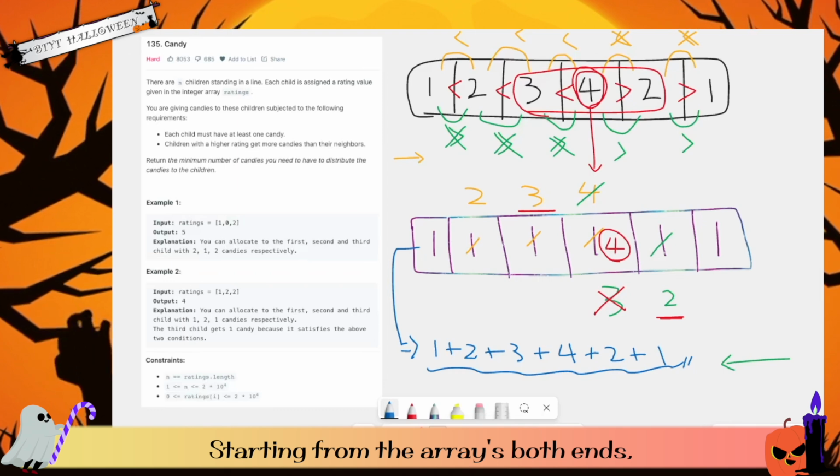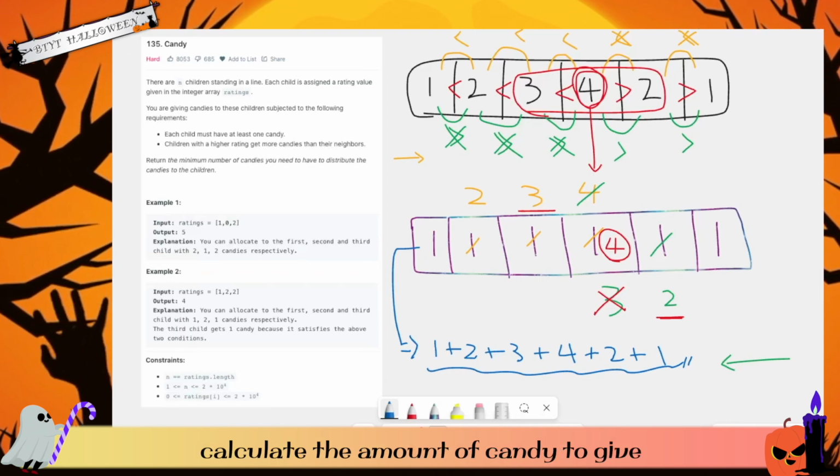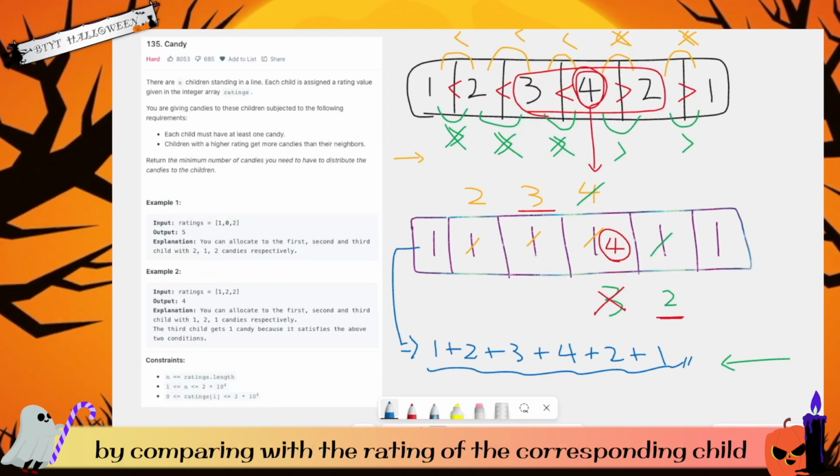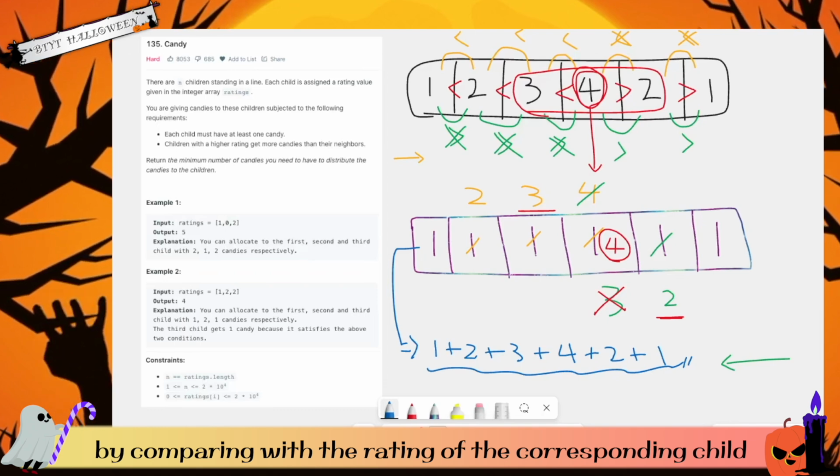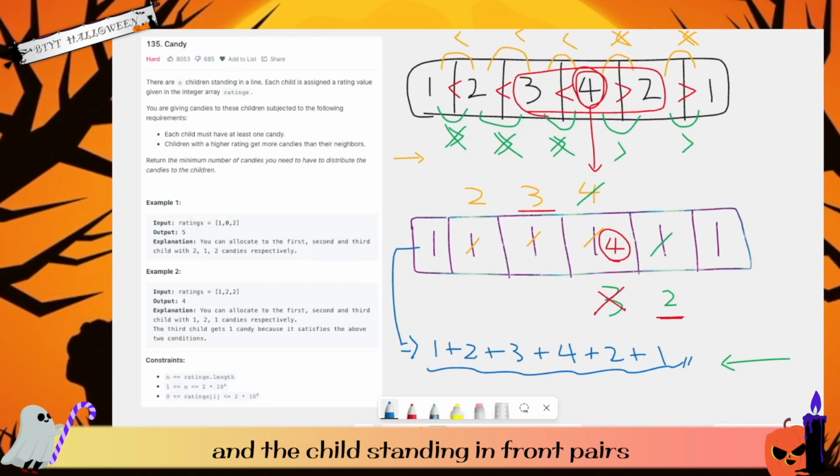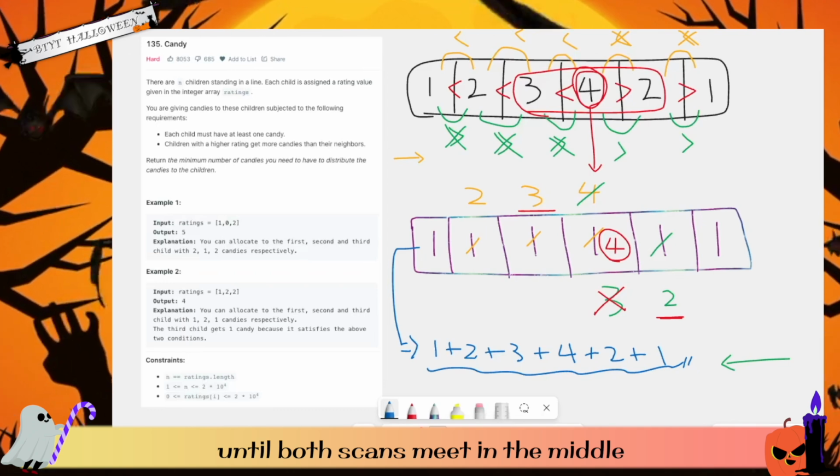Starting from both ends of the array, calculate the amount of candy to give by comparing the rating of the corresponding child and the child standing in front, in pairs, until both scans meet in the middle.